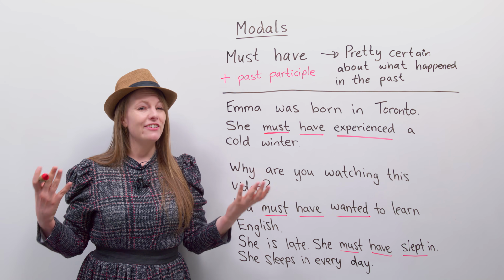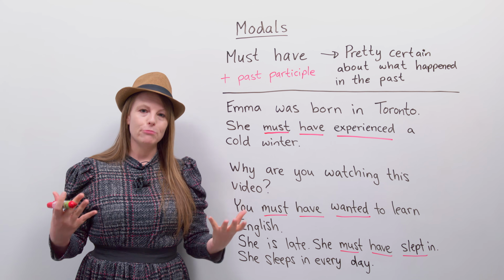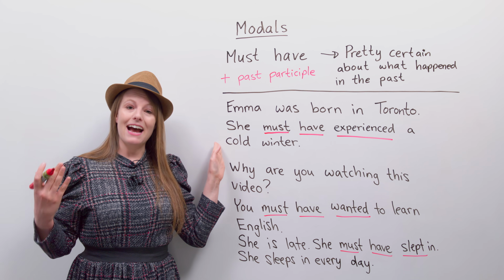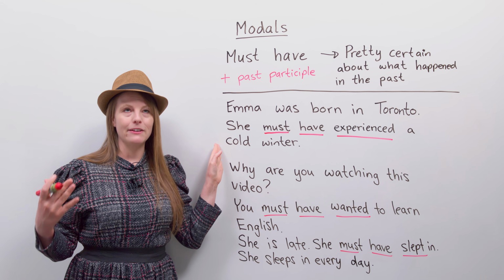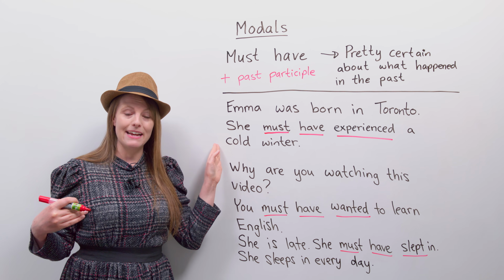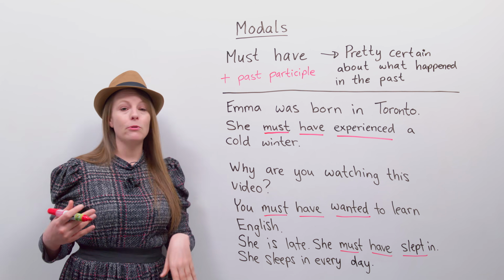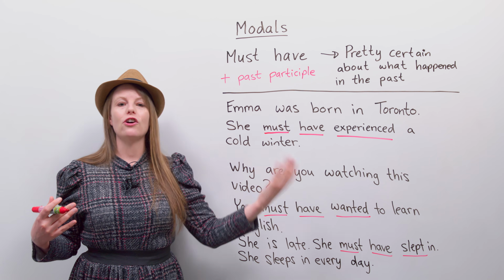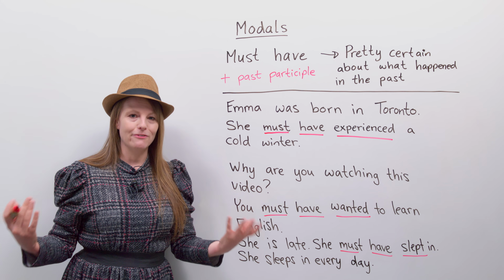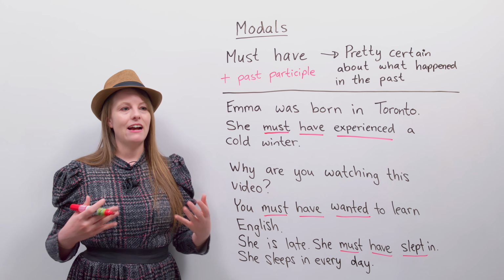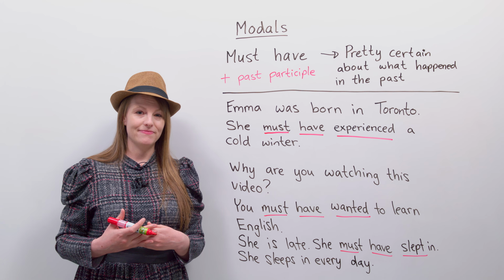So we're pretty certain, well, I'm 100% certain, but you might be pretty certain that I have experienced cold weather because I am Canadian. So this is how you would use this. Emma was born in Toronto. Toronto's a cold city. Emma must have lived and experienced a cold winter.